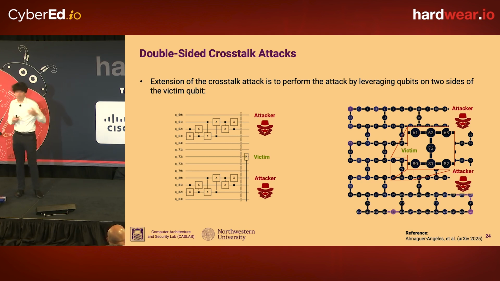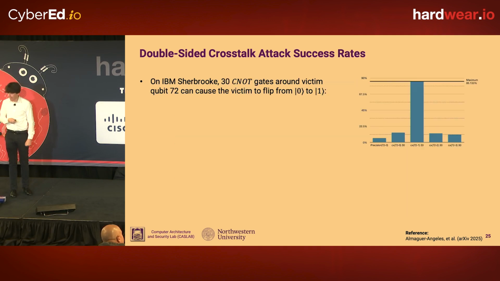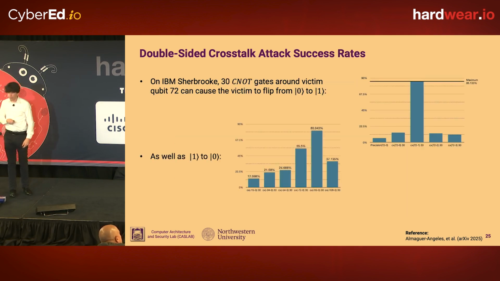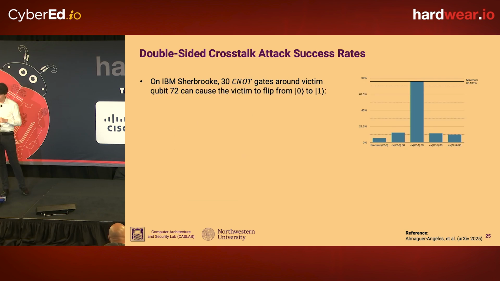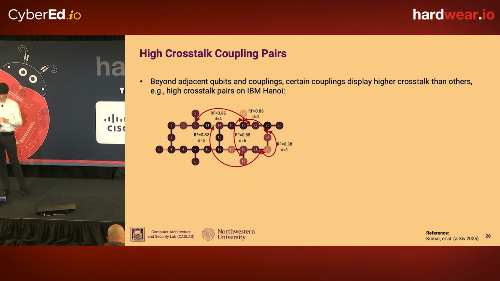Now, a victim with 1 qubit can't do much computation, of course, but at least the idea of a two-sided attack has been proposed, and they're able to flip the qubits, for example, from a 0 state to a 1 state, or from a 1 state to a 0 state. So even though the victim qubit is idle, by doing a lot of computation on the adjacent qubits, you are able to flip it.